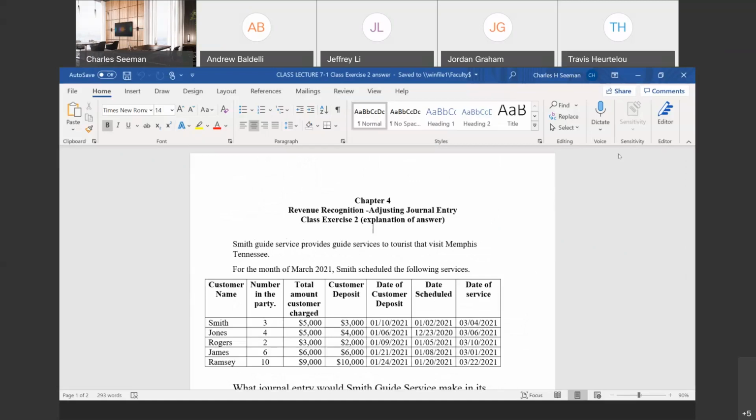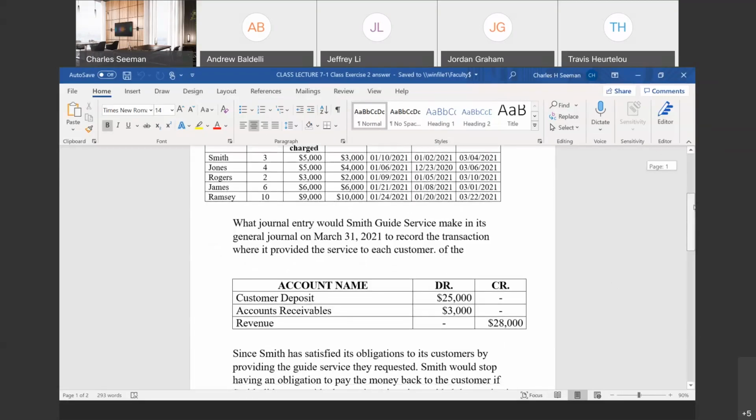That's the small screen. Okay, so that's the journal entry.